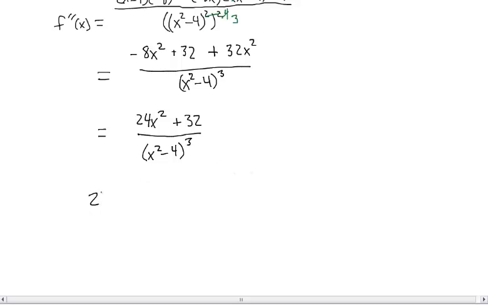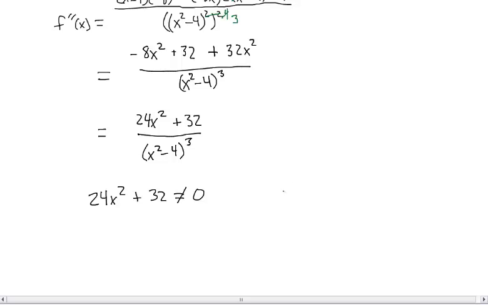So the numerator equal to 0. And when we look at this, we have an x² term, so regardless whether we put a positive or a negative number in, it's going to become positive, and then we're going to add it to a positive number. So there's no way this can be 0. So we have no inflection point on this function.